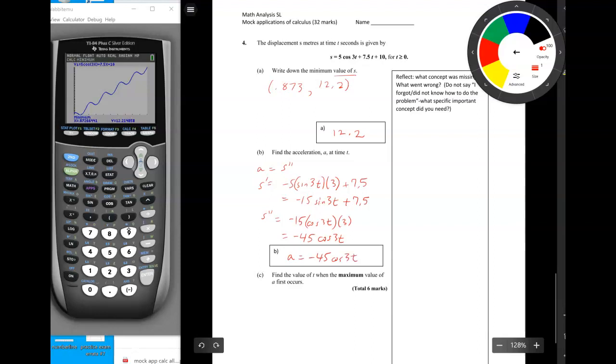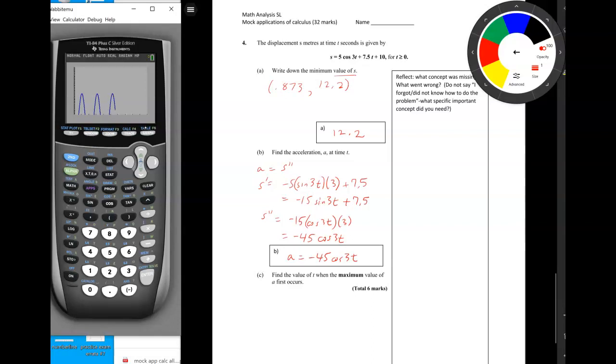And then it says, find the value of t when the maximum value of A first occurs. Let's use the calculator to do that. So we'll put -45 cosine 3x, and we will graph that. Oops.